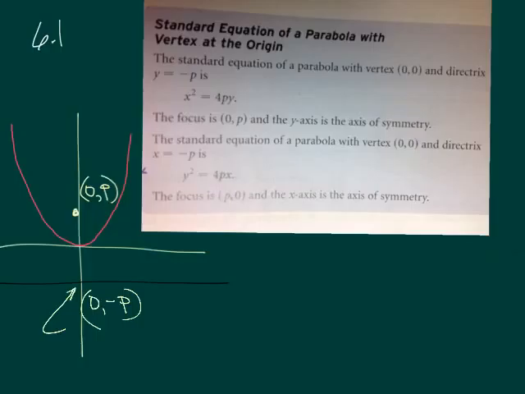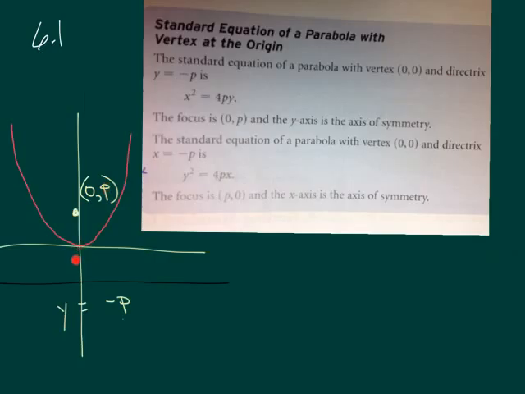The directrix is a line, so we're not going to say the 0 portion of it. We'll just say that y equals negative p, because it's a line. So y equals negative p is my equation for my directrix. And notice I have a p here and a p here.